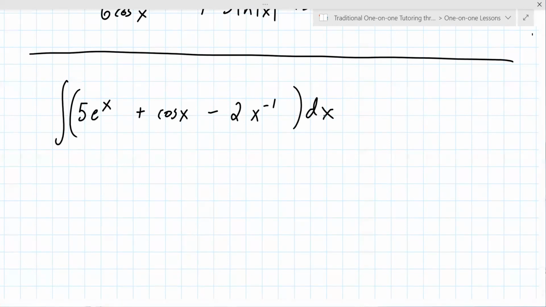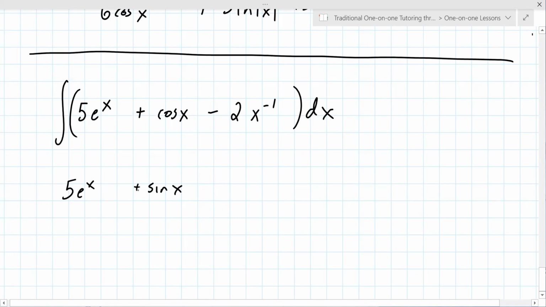So it's going to be 5e to the x, plus sine x. How about this next one here? What does it become, plus sine x or negative sine x? Sorry, plus sine.